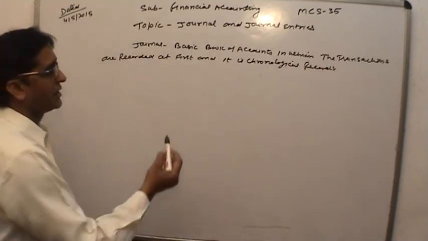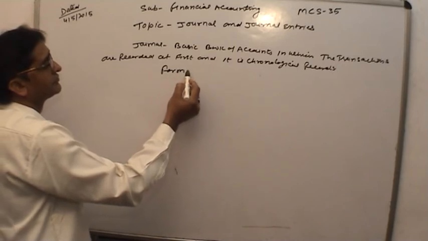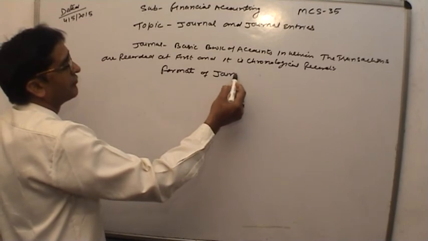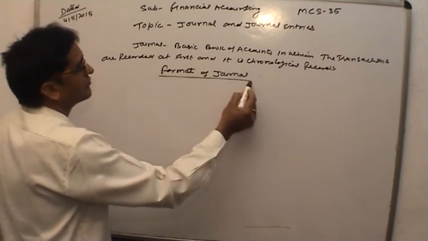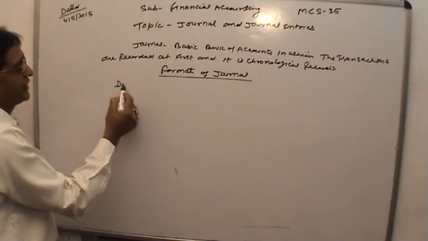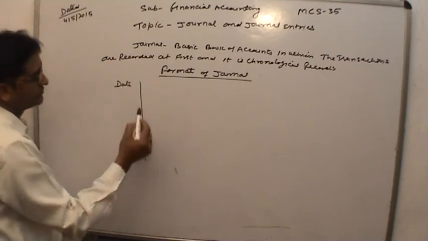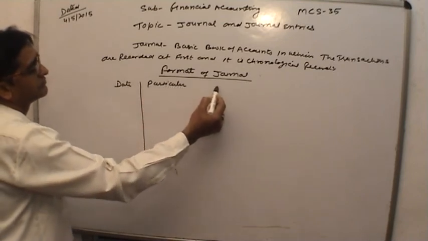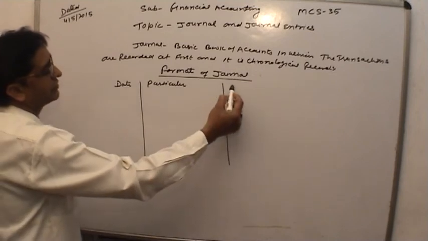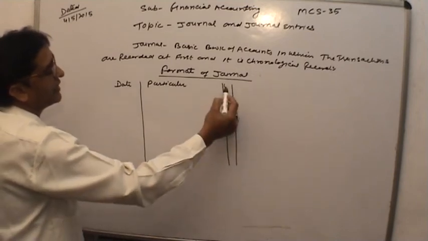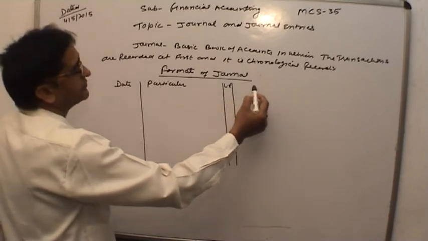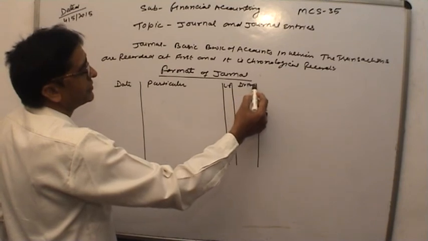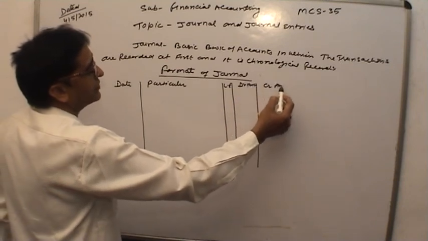And our format of journal: Date, particular, then ledger folio, LF, then debit amount, and then credit amount.